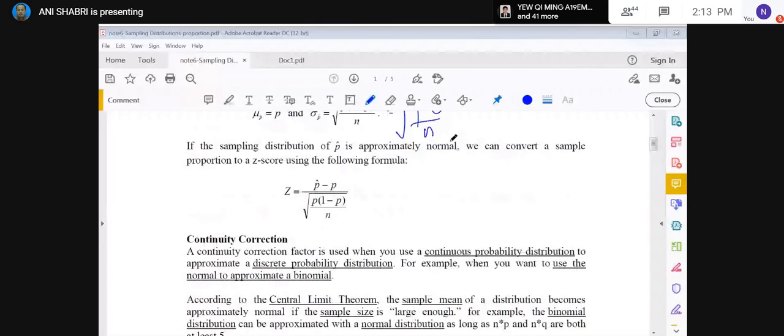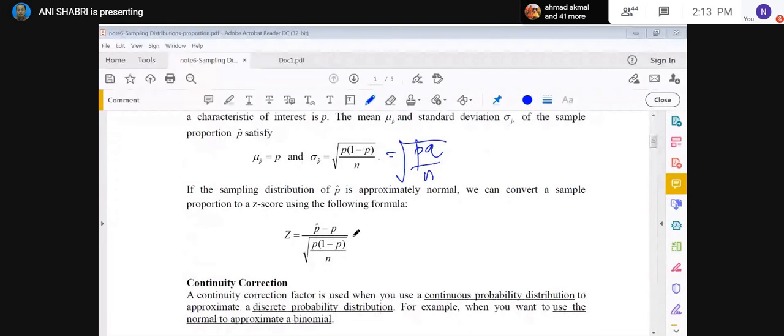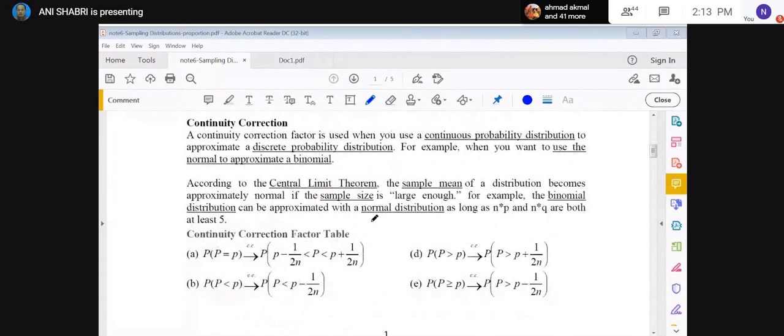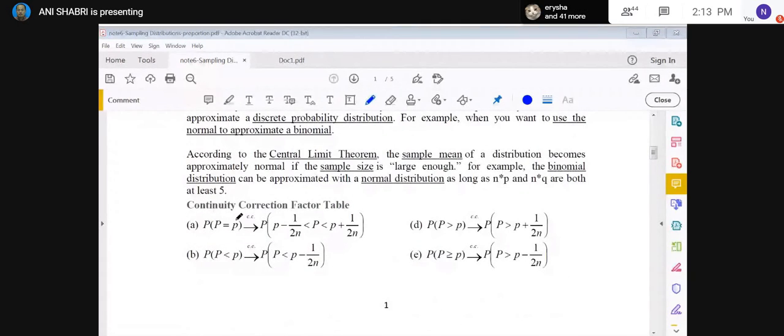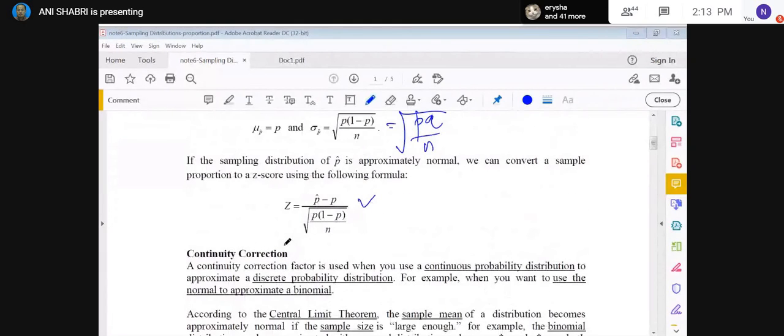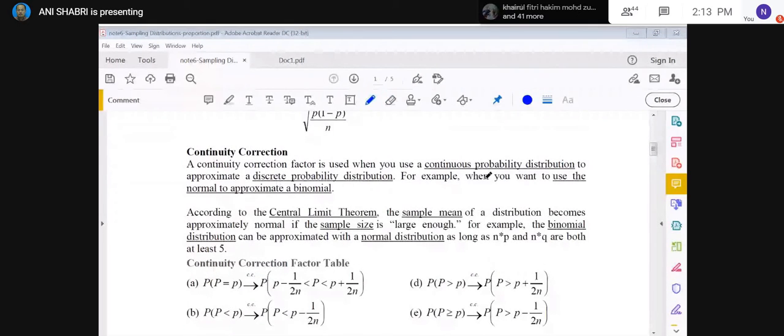If you want to use this formula, we must use continuity correction, because this one is binomial and we want to approximate from binomial distribution to normal distribution. I already taught you that binomial is a discrete random variable, while this one is continuous.